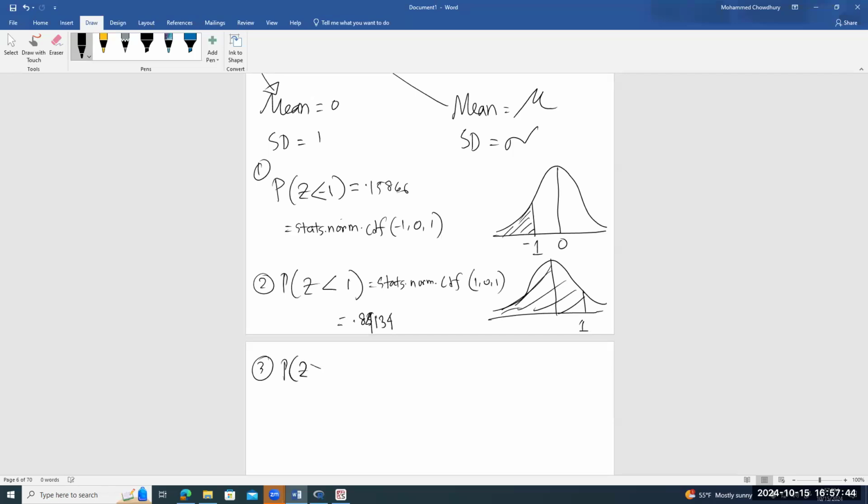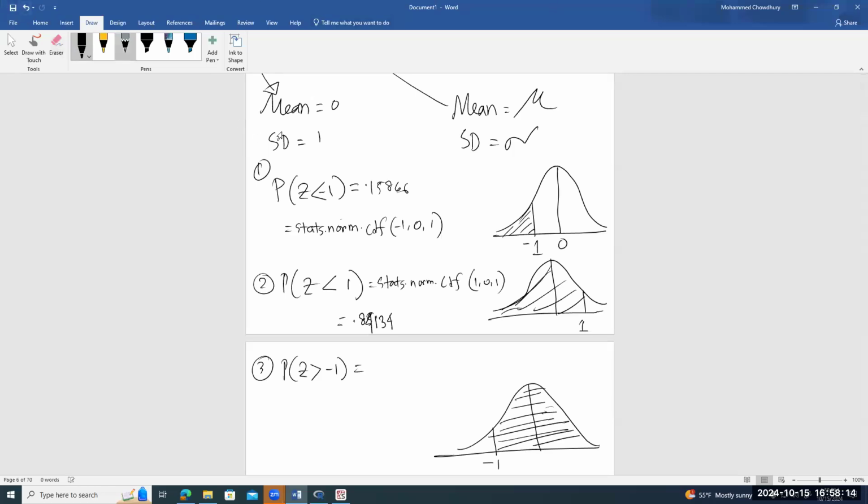Probability of z greater than -1, which is equal to, this is -1, but I want to find this area. I want to find this probability, or area, or the percentage of frequency. See, these two things are exactly the same.